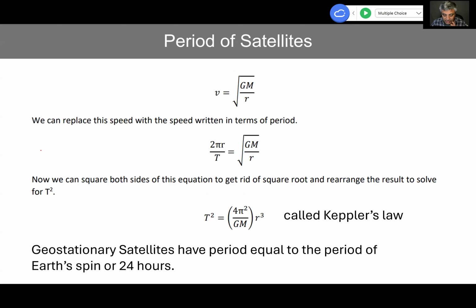Now, the period of satellites. Just like I was saying, we can use the same equation for the speed and write speed as distance over period time. So this time is the period. Now we can solve for the period. But here what we have is a square root. If we want to solve for T, we need to do two things.